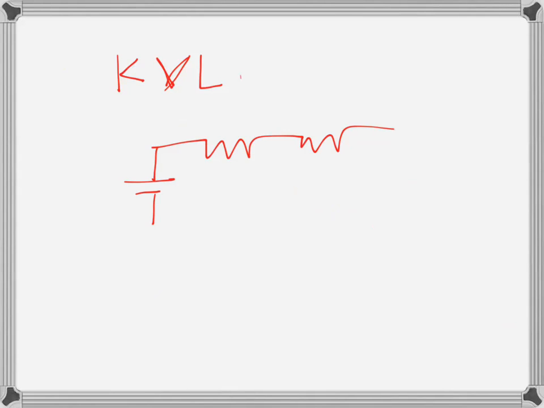And then there is an equivalent law for voltage, Kirchhoff's voltage law, given by Kirchhoff again. This one states that in any closed loop, let's say this one, the total sum of voltage drop is 0.